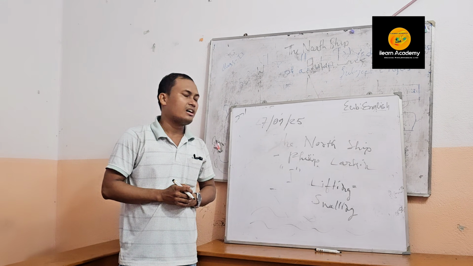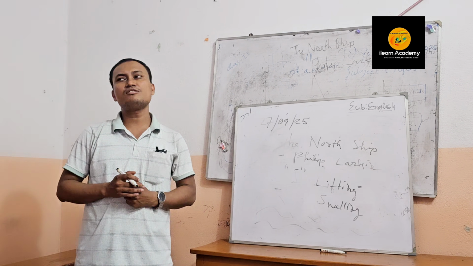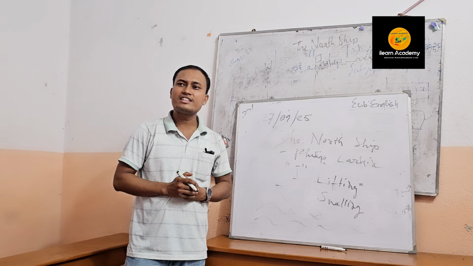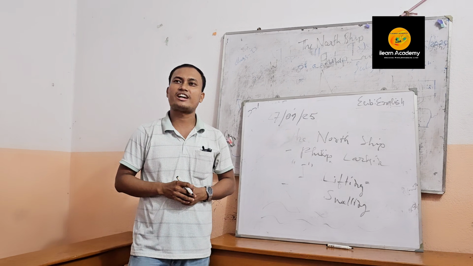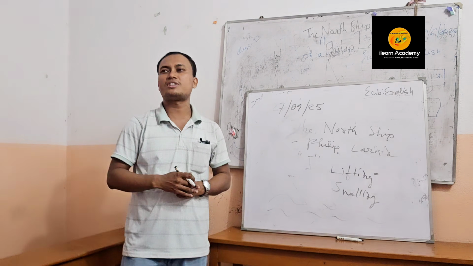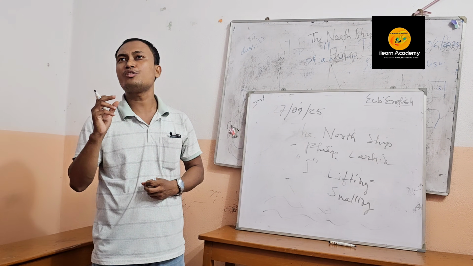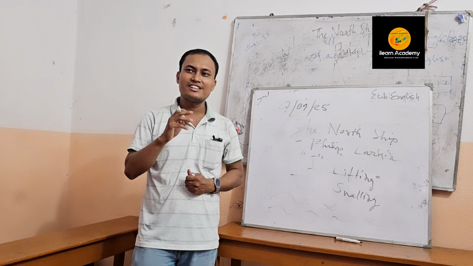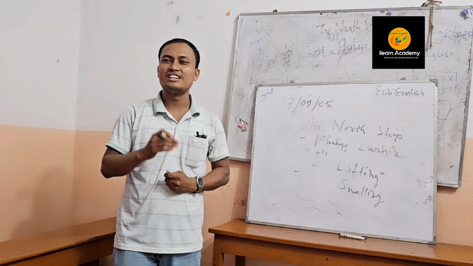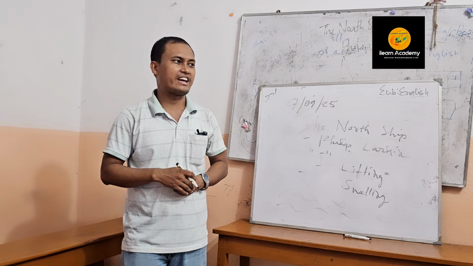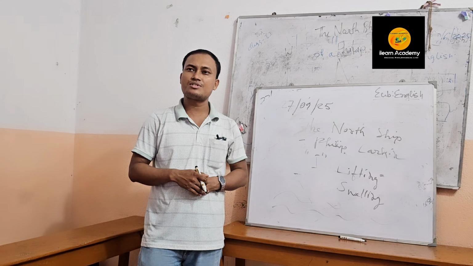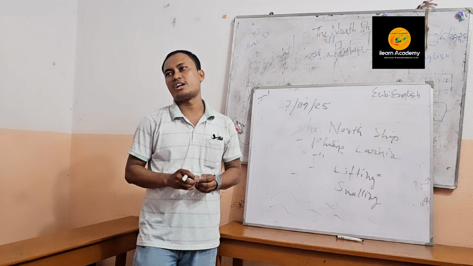Okay. Now come to the third and fourth lines. The third line says that the wind rose in the morning sky. So here we get the time of the travel of the ships. What was the time? The time was morning. Okay. And how was the atmosphere? The atmosphere was windy. Now the fourth line says that one of the three ships was rigged for a long journey.